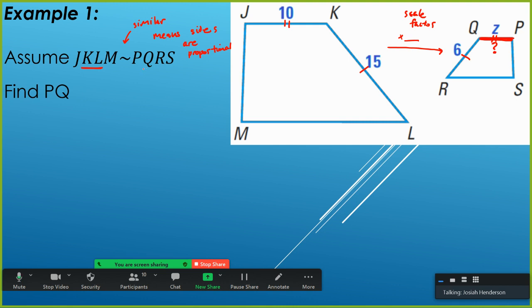The way it's listed is QR. So that means side KL goes with side QR. And also side JK, the first two, go with the first two on the other one, side PQ or QP. So the way it's listed is also telling us which sets of sides are proportional to each other and go together.